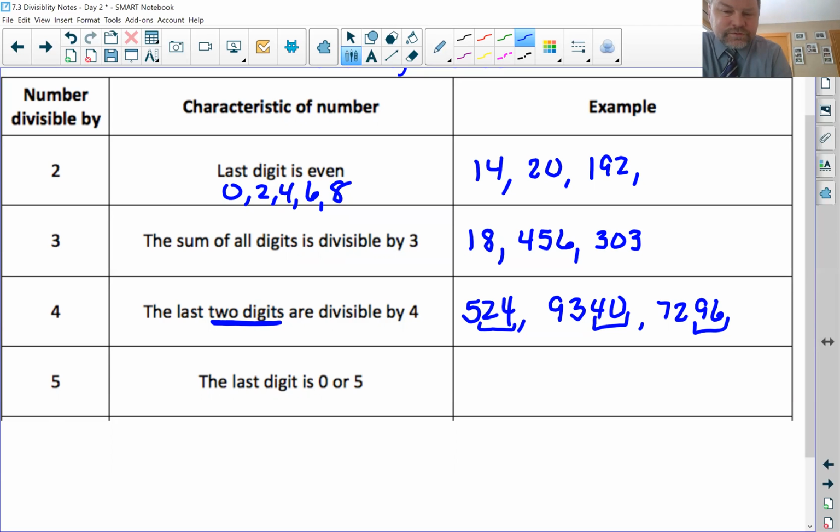So 40 is evenly divisible by 5. 95 is evenly divisible by 5. 1,015 is evenly divisible by 5. 2,000 is evenly divisible by 5.